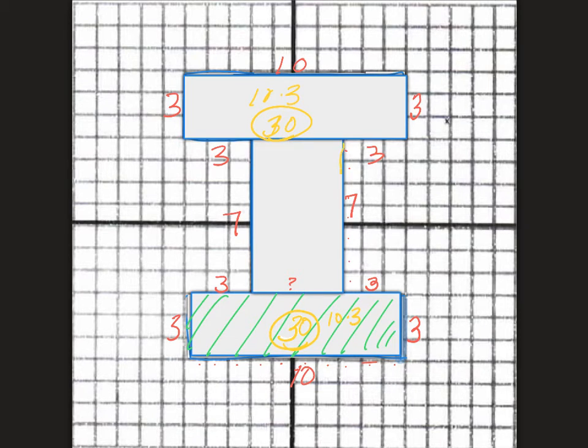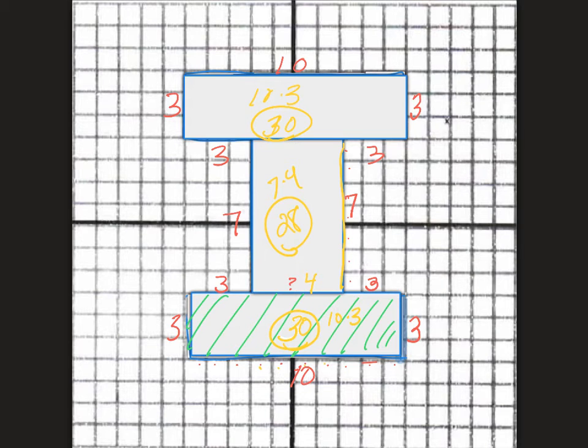And I know that my height is 7, but I'm trying to figure out the length here. If I know the whole thing is 10, and I have 3 and 3, that makes 6, so 4. I also can tell down here I have 2 boxes and 2 boxes, making a length of 4. 3 plus 4 makes 7 plus 3 makes 10, so that would be correct. So 7 times 4 is 28.